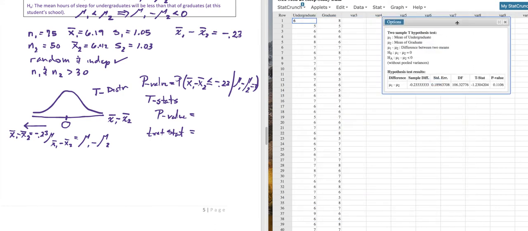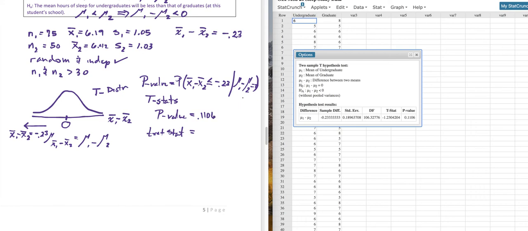We're going to set that up, click compute, and here is what we need to know. So there's that sample difference of minus 0.23 that we calculated earlier. And here's the results we need. So we've got a p-value of 0.1106.